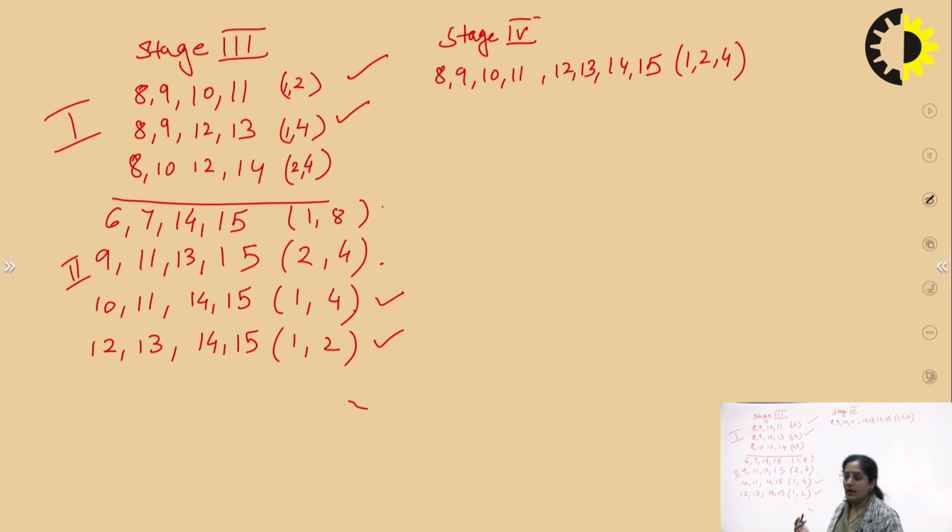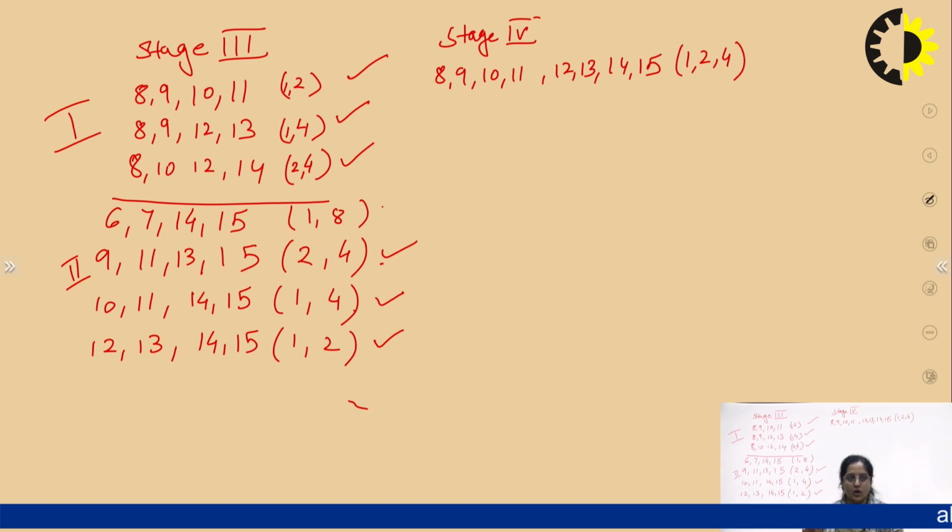Now in the third case we have 2, 4, and again 2, 4. When we write it in ascending order for making a pair, you will find that 8, 9, 10, 11, 12, 13, 14, 15 is already covered.